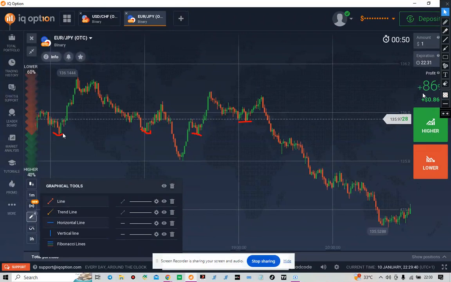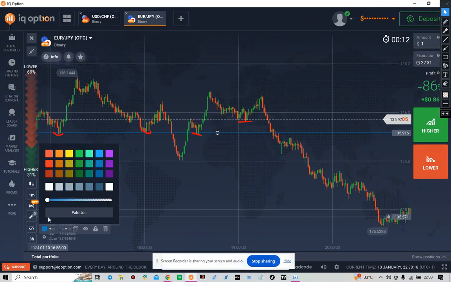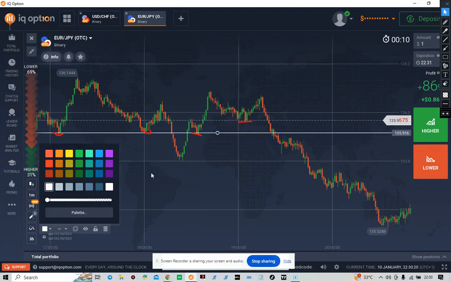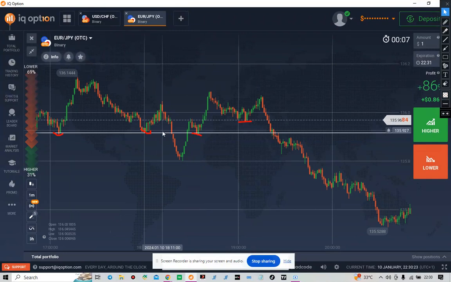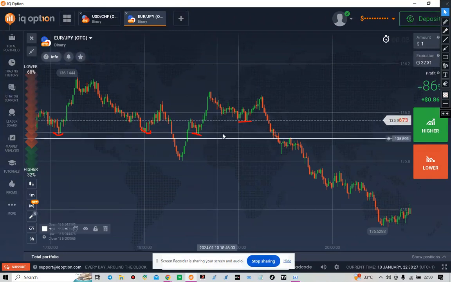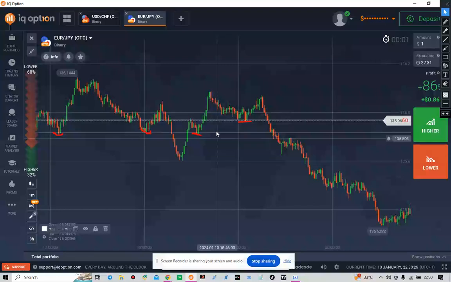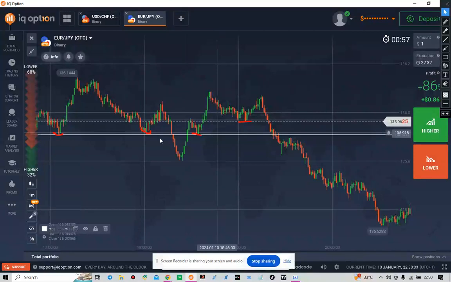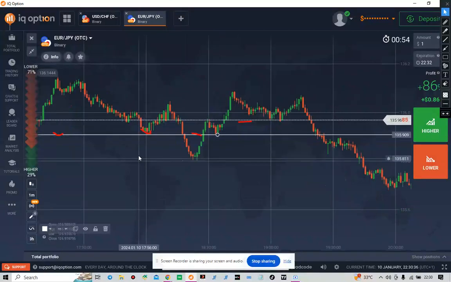Okay. I'm going to change the color to white. Then the next horizontal line here. Okay. The first one is here. As you can see, this one almost touched the line but didn't touch the line.